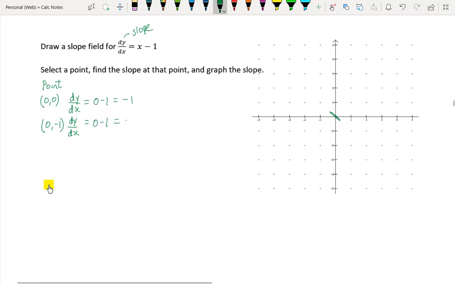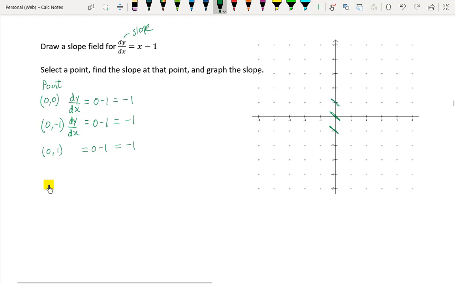So we have another -1 slope at 0, -1. So I would try and make that one roughly the same slope as the previous one. If I go to 0, 1, again if I plug in 0 for x, I get 0 minus 1, which is -1 again. So even up here I have the same slope of -1.